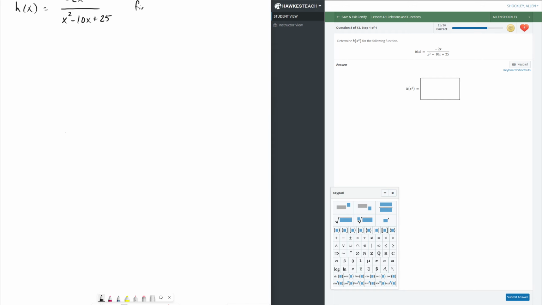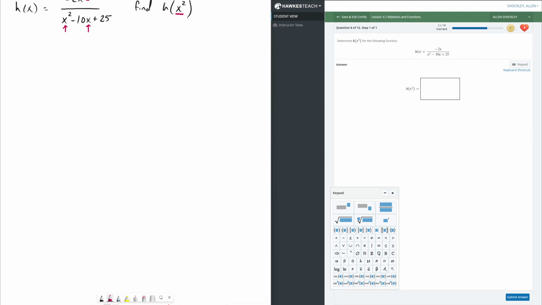They want us to find h of x squared. Again, all this says is that for every x that you have, you're going to replace that x with x squared.